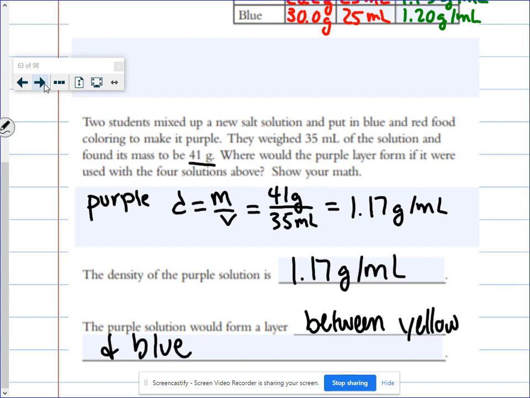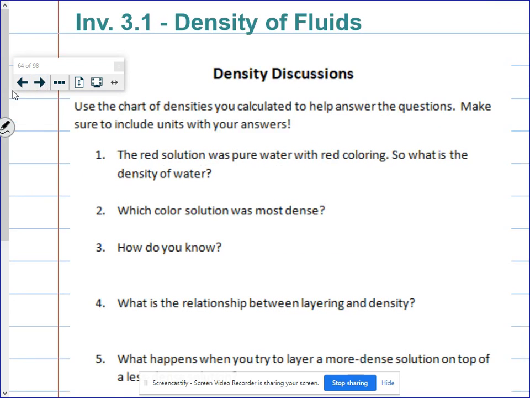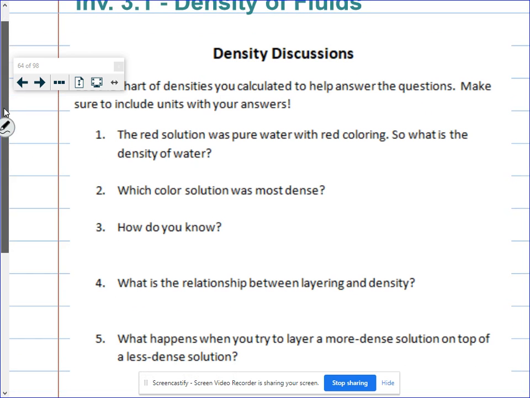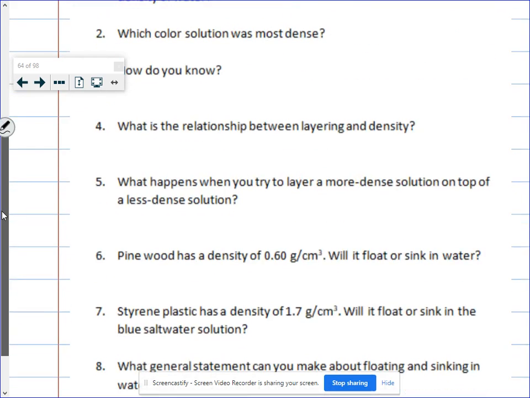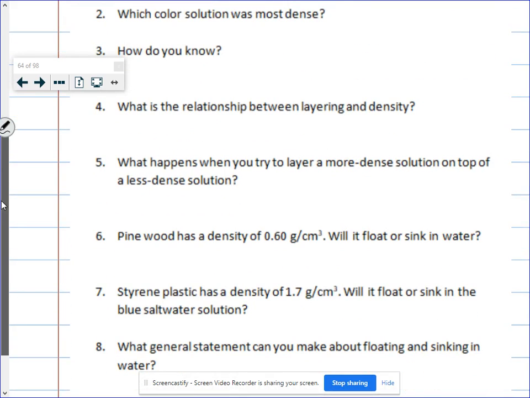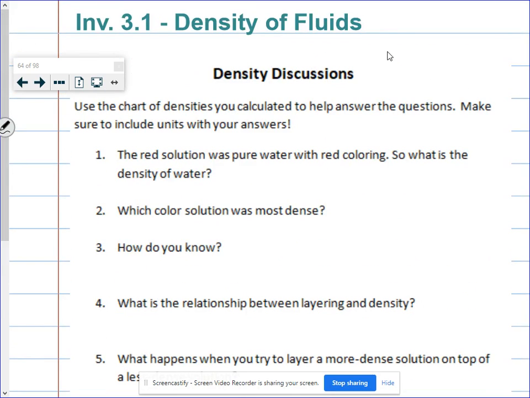All right. Okay, so I think what I'm going to have you do is glue this page in. This should also be in your tray. And just work on these questions. You can work on them together, with any of your table partners or by yourself. These kind of go along with some of the questions from our layering lab.